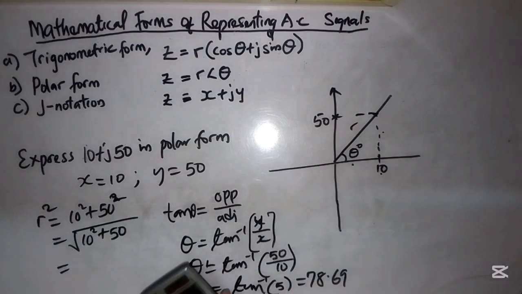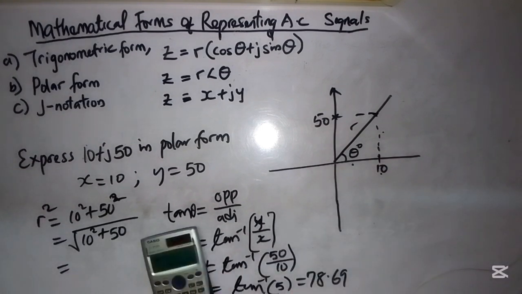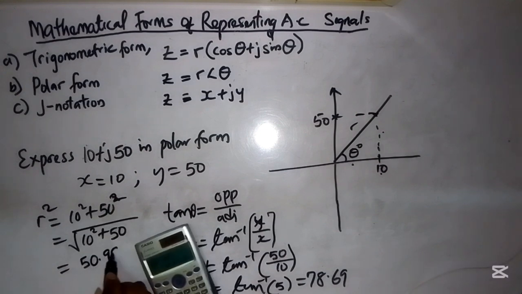So our r can therefore be gotten by typing out the root of 10 squared plus 50 squared, which will give us 50.99, which is approximately 51.